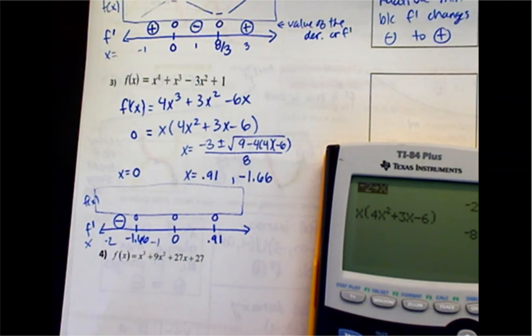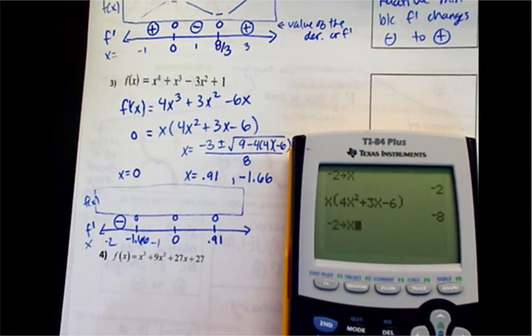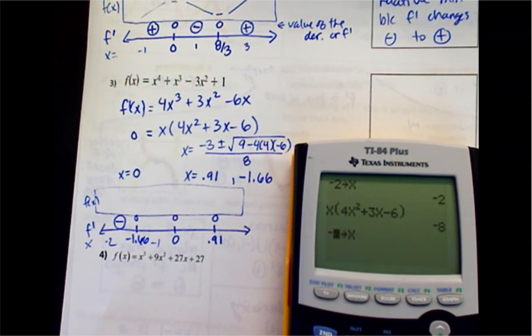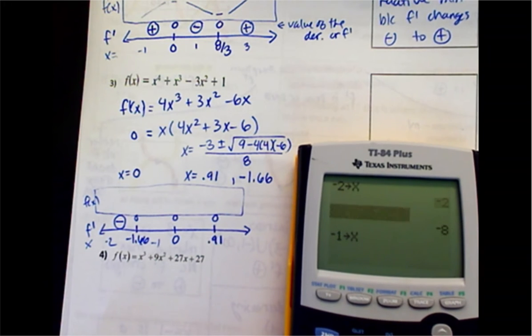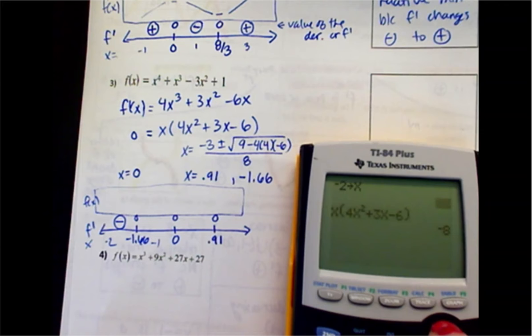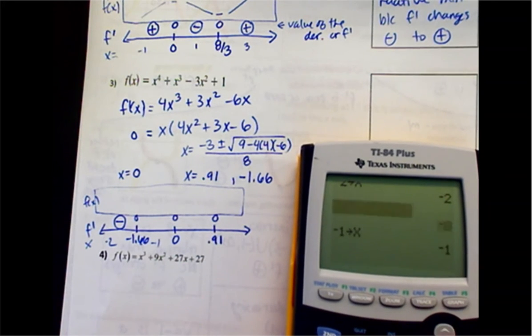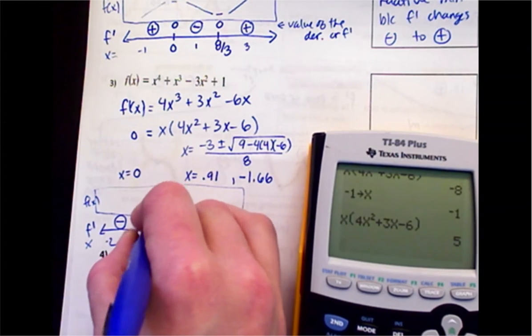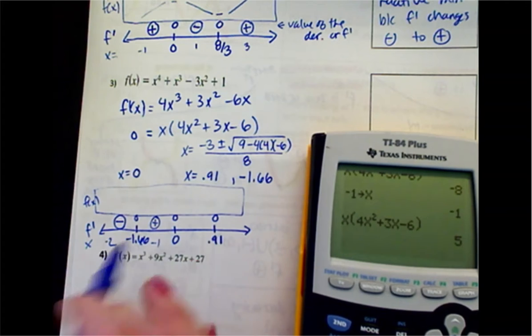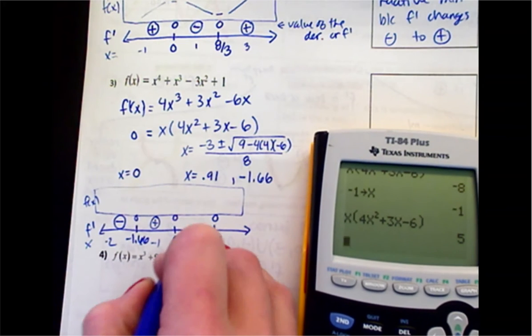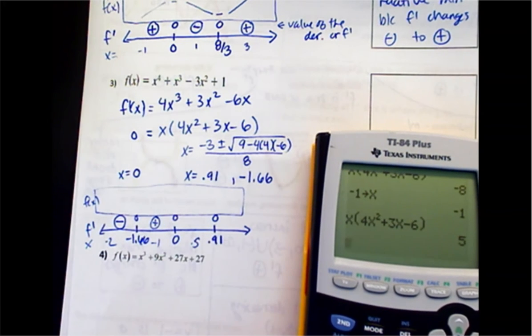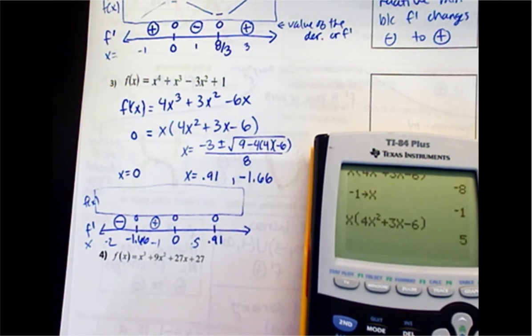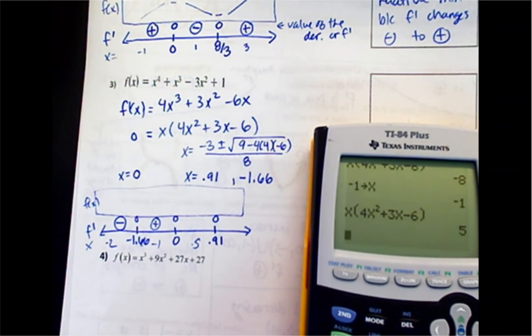I'm just going to scroll up and change that to negative 1. When your number lines start getting bigger, it's nice not to have to keep typing everything. So negative 1. Scroll up. Enter. Enter. Positive. Especially if you're trying to evaluate between 0 and 0.9, like 0.5. Sometimes it's hard to evaluate with the numbers in between because of the ones that you get.